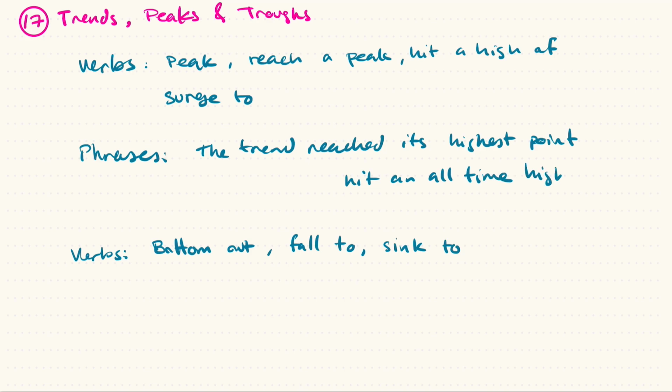There's a hyphen between all and time. Hit an all-time high of 10,000, or it rose to a peak of the value.